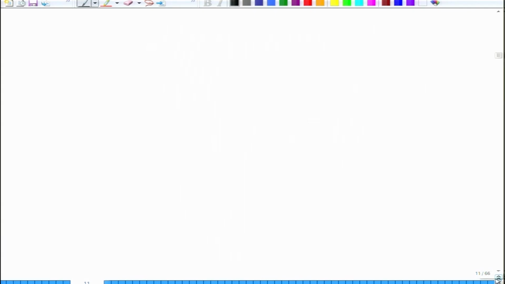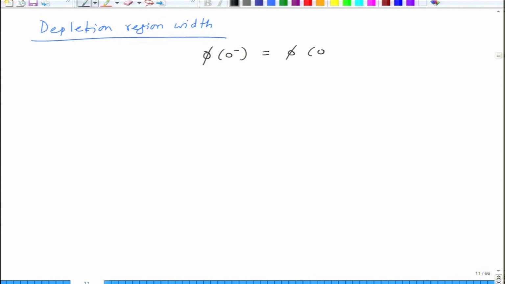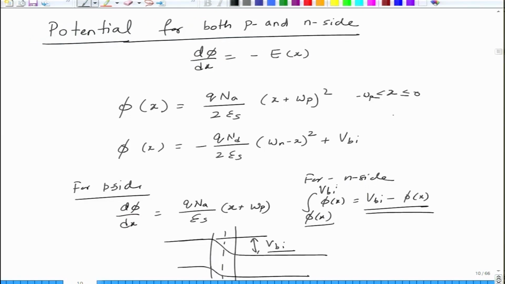So, now let us see what is the depletion region width. Now, since we are saying that at the interface the potential is continuous, what it means is that phi at 0 minus is equal to phi at 0 plus, all right. So, as a result, since you have these two expressions, phi x for this would be Wn, okay, on this side.